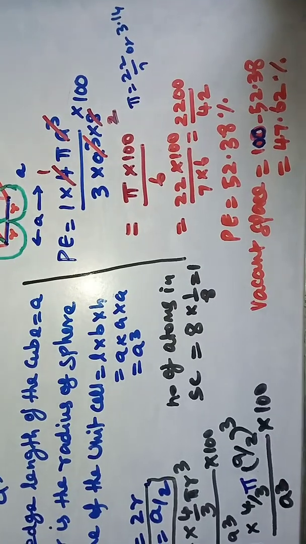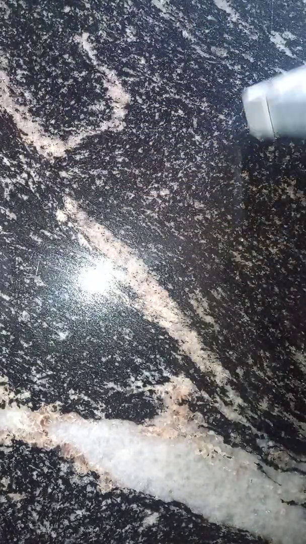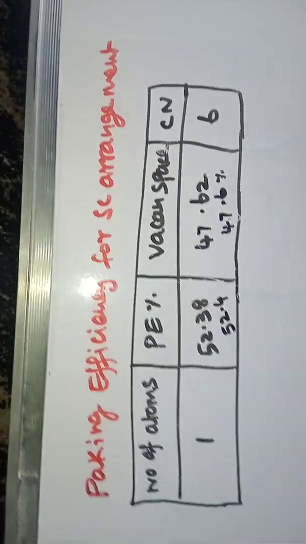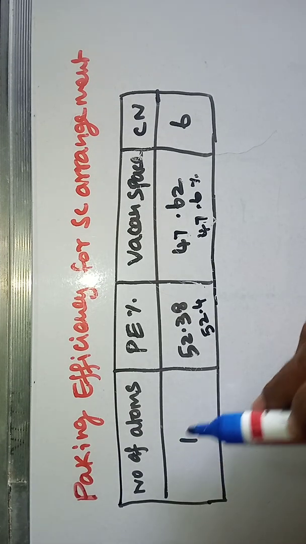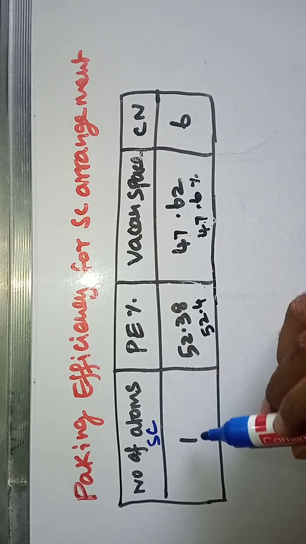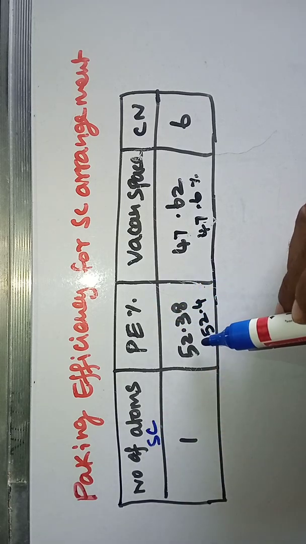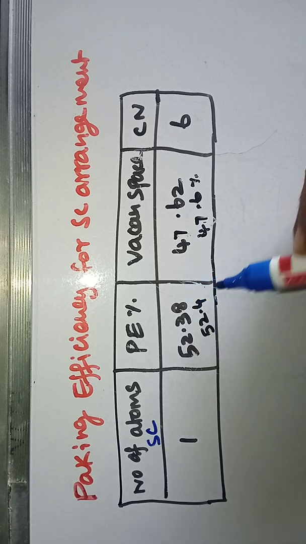Now let us write the summary for the packing efficiency in simple cubic unit cell. It's very important for 1 mark based questions. Number of atoms in simple cubic unit cell is how much? 1. Packing efficiency is equal to 52.38, or we can simply say 52.4%.